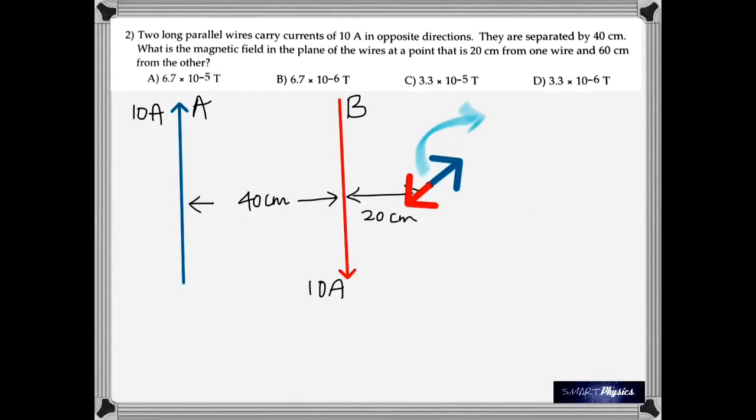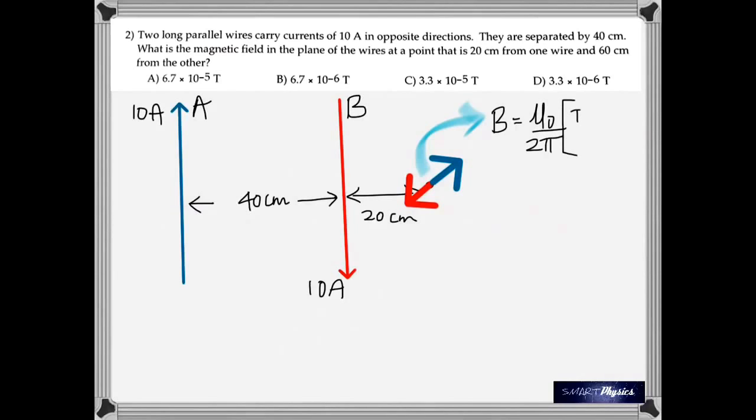Now that gives the direction of the magnetic fields that they produce, because you know that the magnetic field is given by the right hand grasp rule, where the thumb points in the direction of the current and the closed fingers to the tips gives the direction of the magnetic field. So obviously the magnetic fields at that point are in opposite directions.